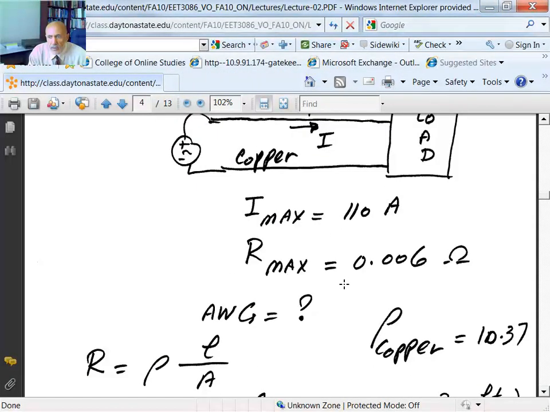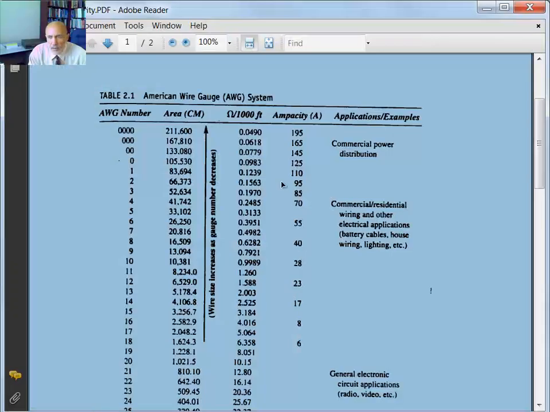Imax is 110 amps, so you must pick the one that can at least handle 110 amps, which is number 1. Well, that gives you circular mils of 83,694.